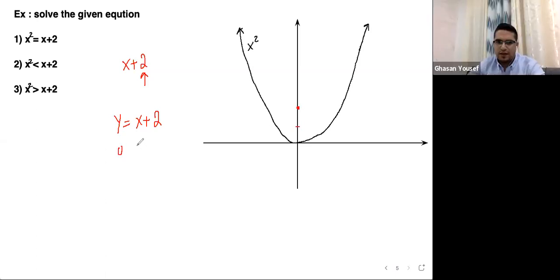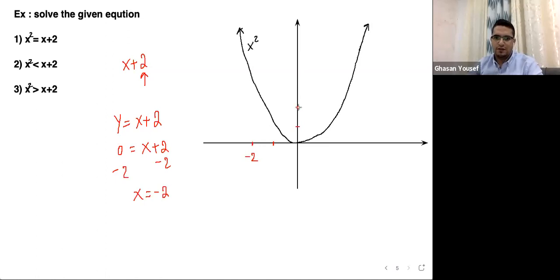You set y to 0, exactly, x plus 2 equals 0. Now you solve it, subtract 2 from both sides. So I get x equals -2, exactly. So at -2 is my x-intercept.